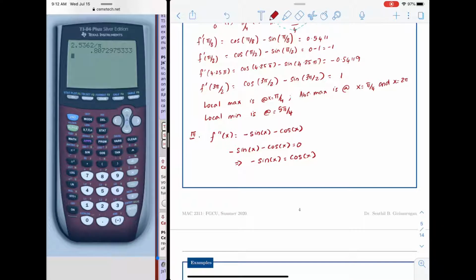So 0.8 is simply 8 over 10, and 8 over 10 is simply 4 over 5. So let's say if sine 4 pi over 5 equals the negative of cosine 4 pi over 5.